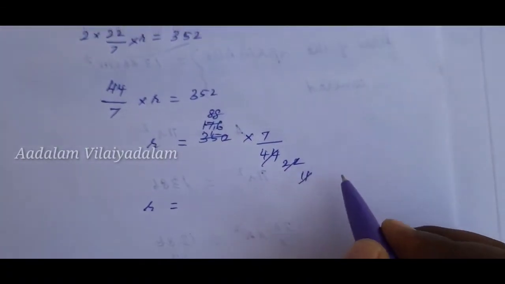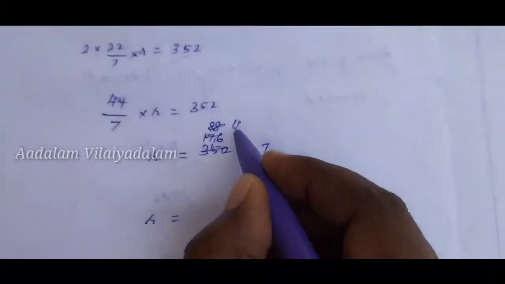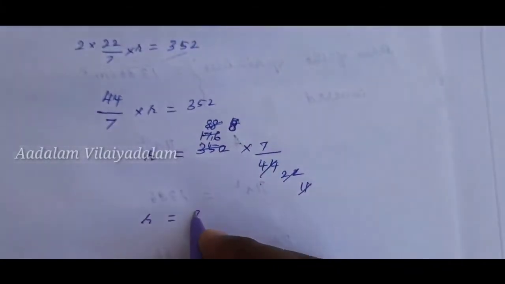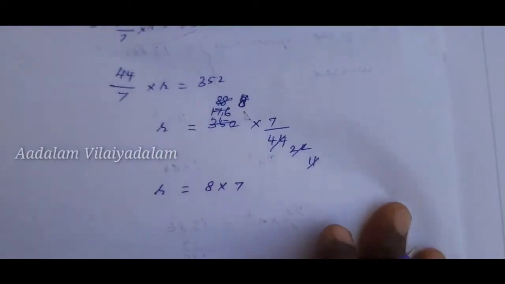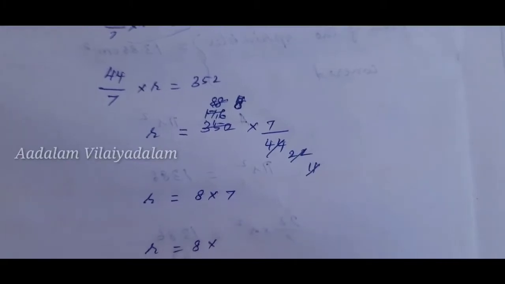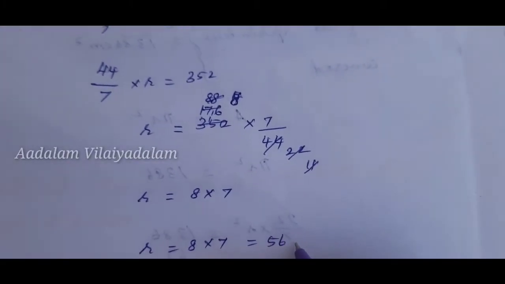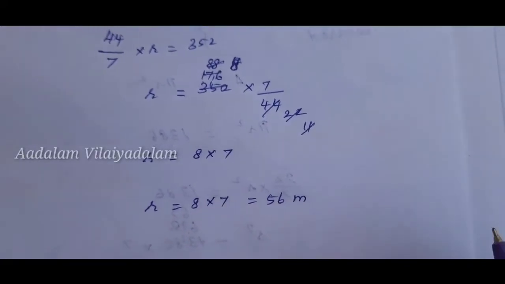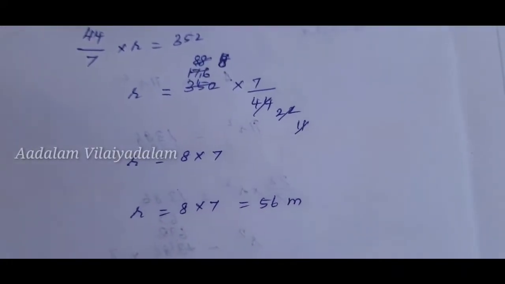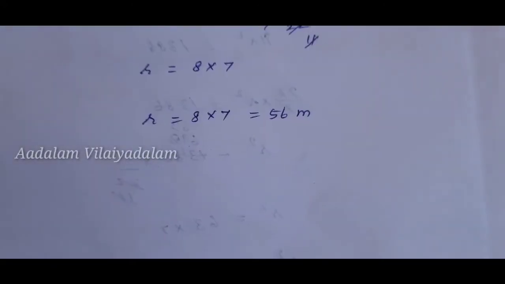Again if we cancel it by 11 table we will get 8 times of 88, isn't it? So therefore 8 into 7 we will get. So therefore radius will be 8 into 7, that is 56 meter. The given measure is meter, so we can write 56 meter.